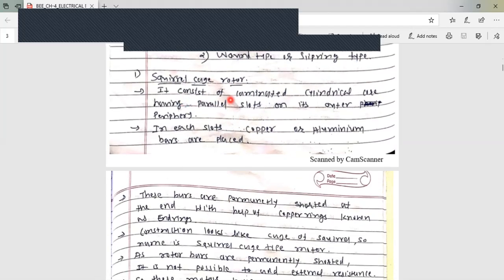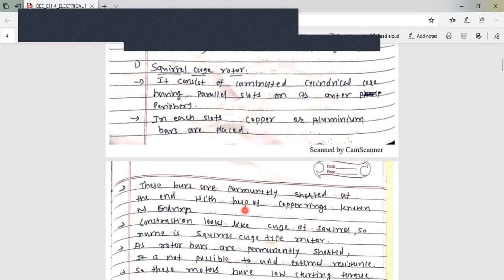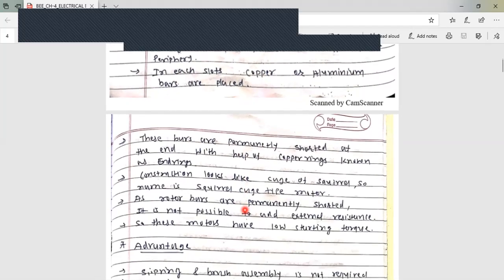It consists of a laminated cylindrical core having parallel slots in the outer periphery. In each slot, copper or aluminum bars are placed. These bars are permanently soldered at the end with the help of copper rings known as end rings.